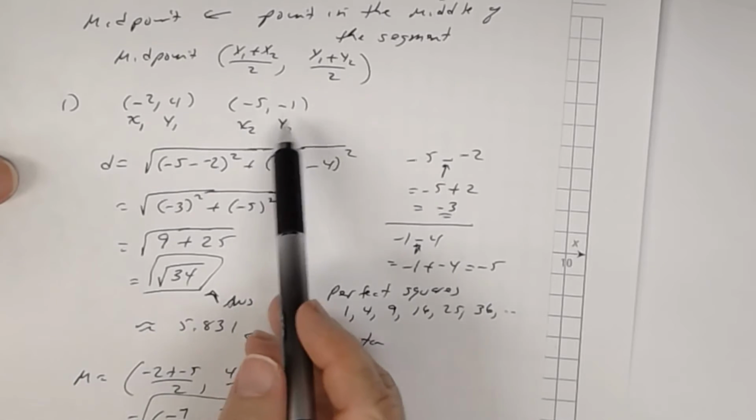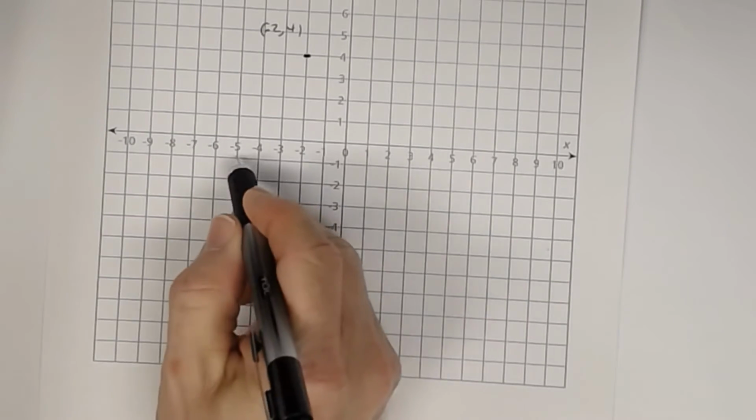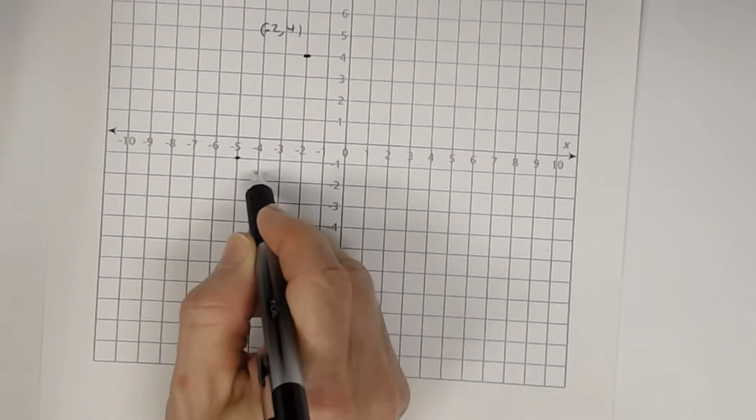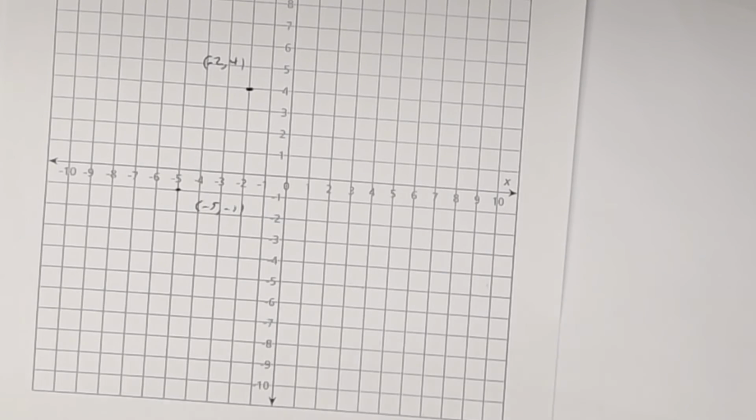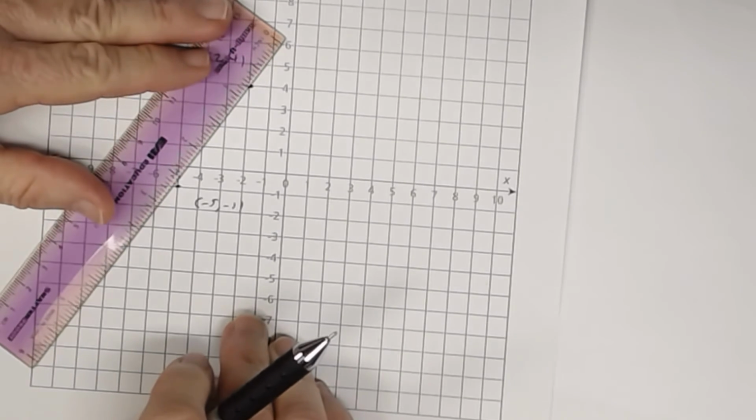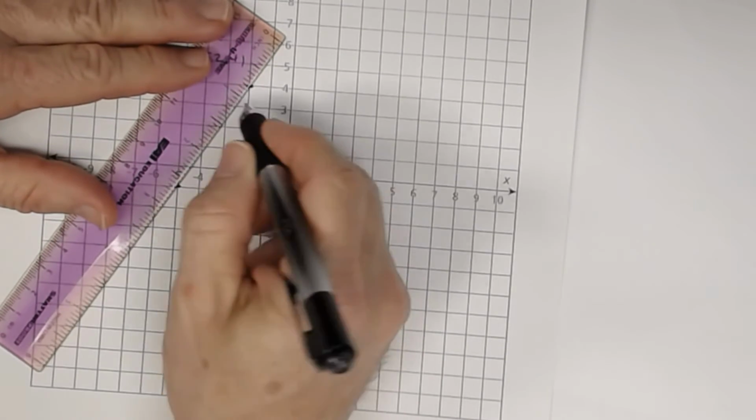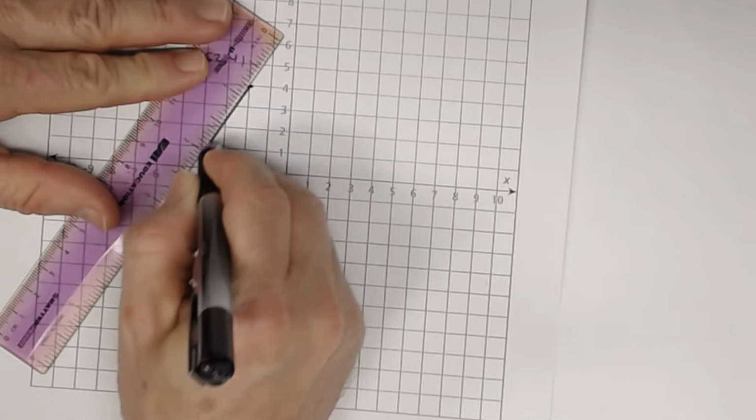And the other one was -5, -1. So -5, -1 is right here. Okay, and if I take a ruler, and let me quickly find where that ruler is, right here. So if I take my ruler, I'm going to draw my segment. Remember, these are segments, not lines, so don't draw any arrows. Just go from this end point to this end point.